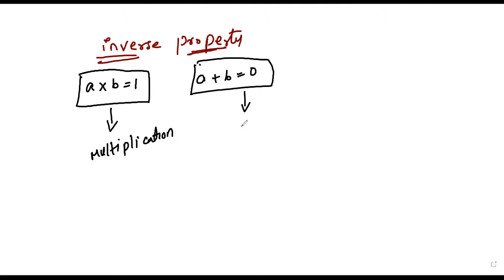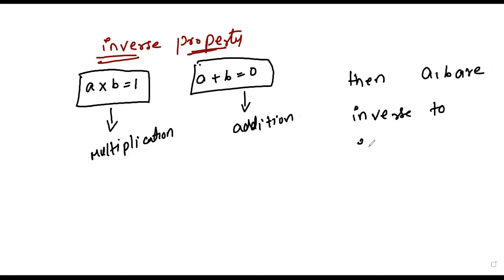Then A, B are inverse to each other. A into B is equal to 1, A plus B equals 0. In addition, it must satisfy A plus B is equal to 0. In multiplication, A into B. There is no inverse property in division as well as in subtraction.